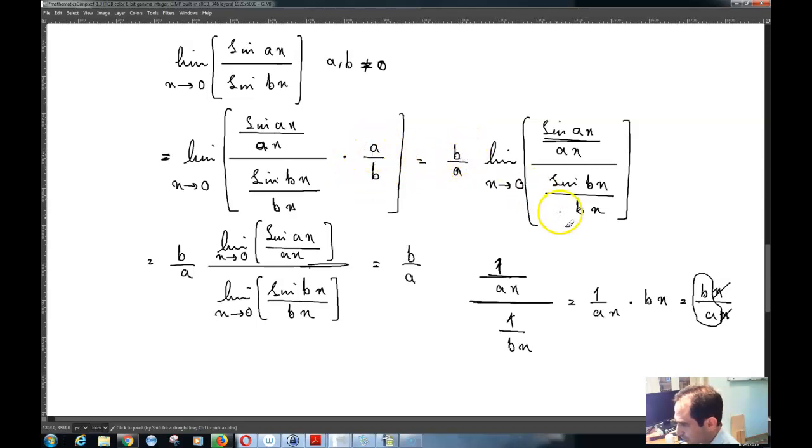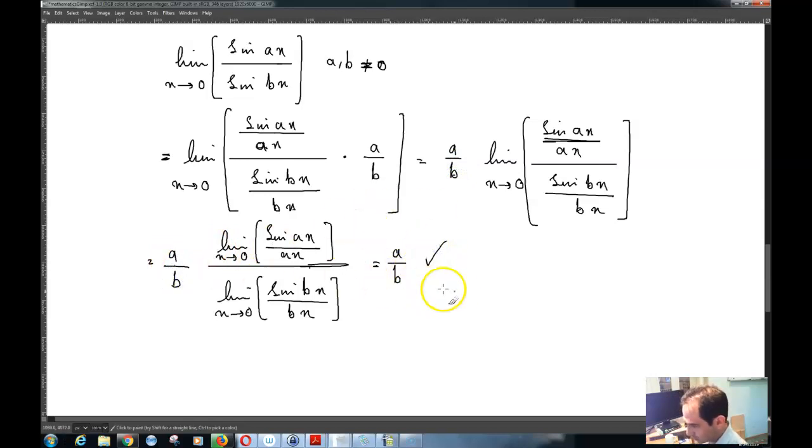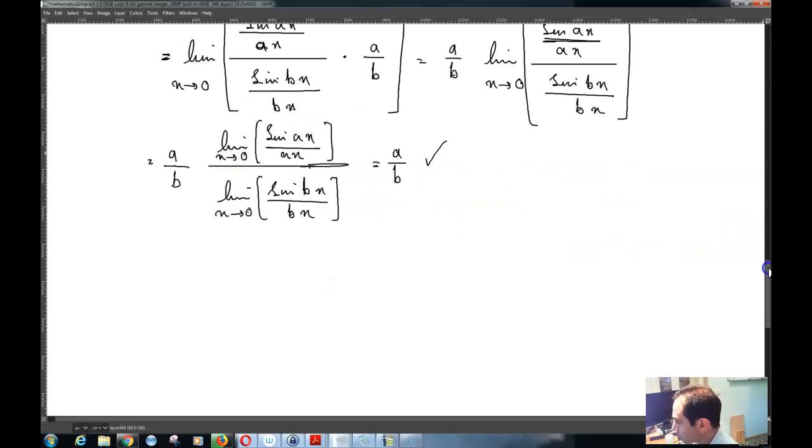So then this becomes a to b, and a to b, and that is the right answer. I made a mistake over here when I didn't write that right.